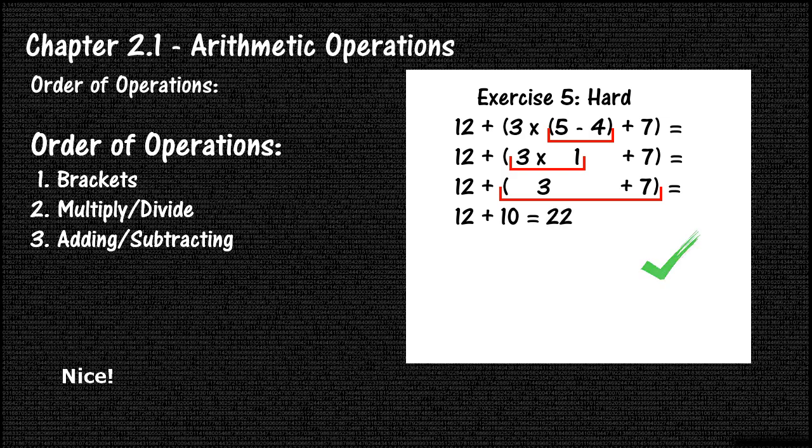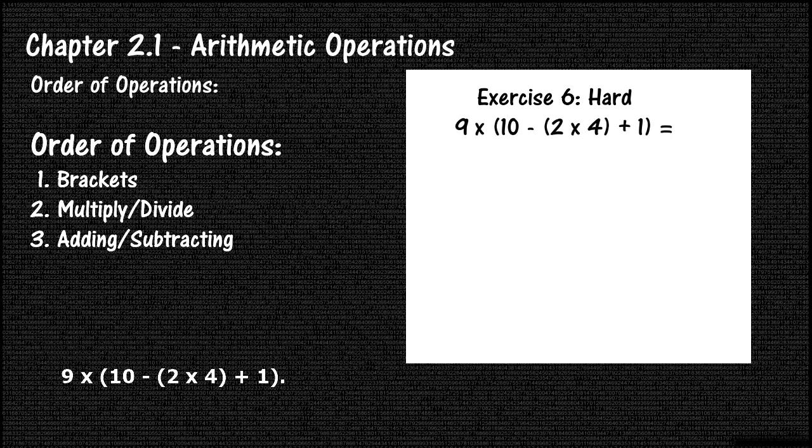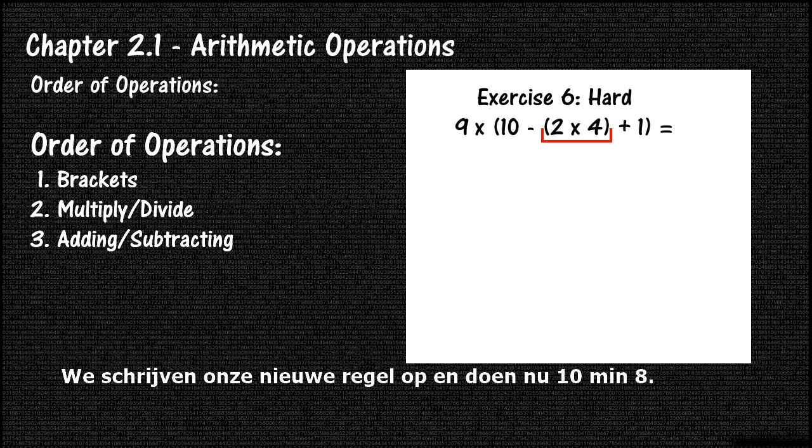Nice. Exercise 6, skill level hard. Final exercise. 9 times 10 minus 2 times 4 plus 1. Again, brackets inside brackets. So first we do 2 times 4, which is 8. We write down our next line and do 10 minus 8.